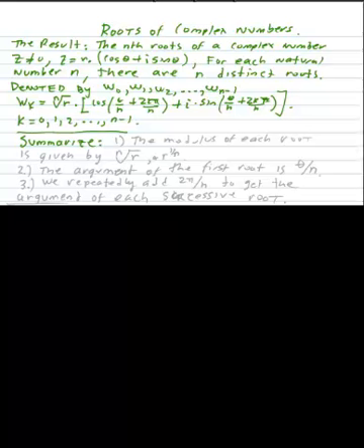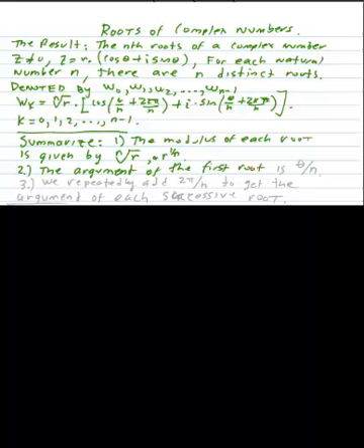Let me summarize that. We are finding the nth roots of a complex number z in polar form. First, the modulus of each root is given by the nth root of r, or r to the 1/n power. Second, the argument of the first root corresponds to θ divided by n.